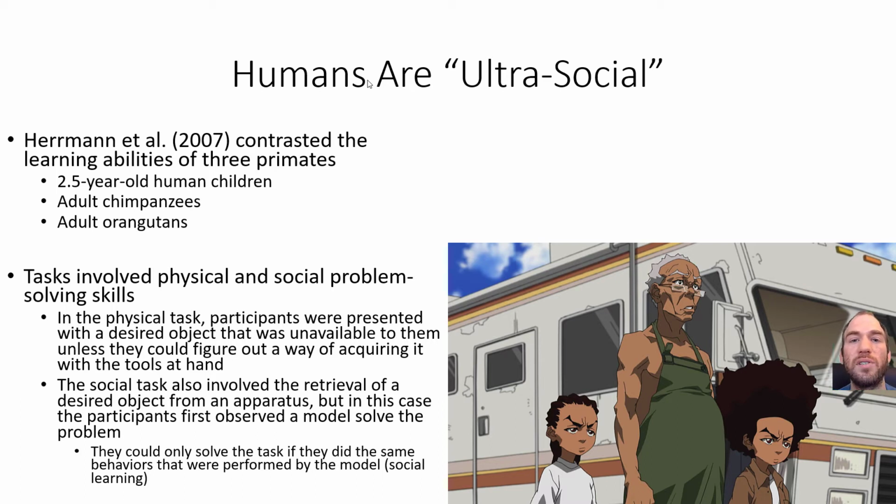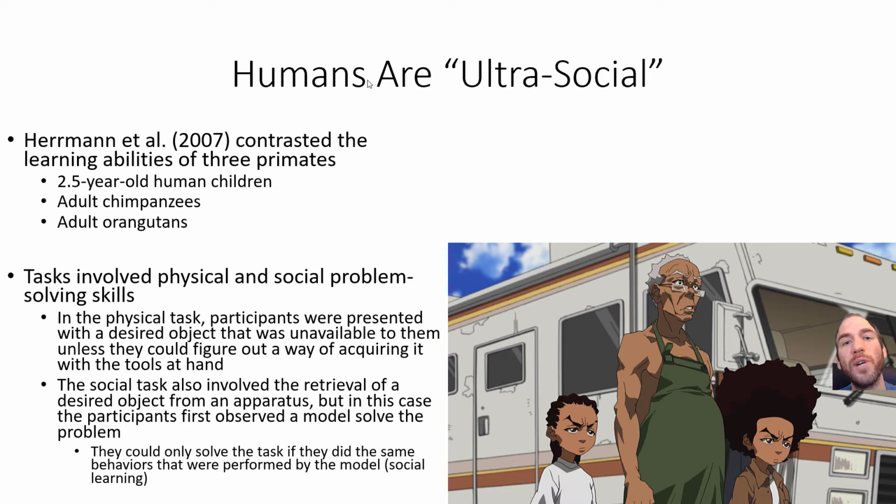Versus the social task. This time it's the same thing: an object in the distance that the participants really want, but they can't reach. There's the same rake right next to them that can be used, but in the social condition, the experimenter will demonstrate how to reach the banana, or whatever the really desirable object in the distance is. So there's a demonstration effect, a social learning opportunity, an opportunity to learn from a peer to reach the desired object.